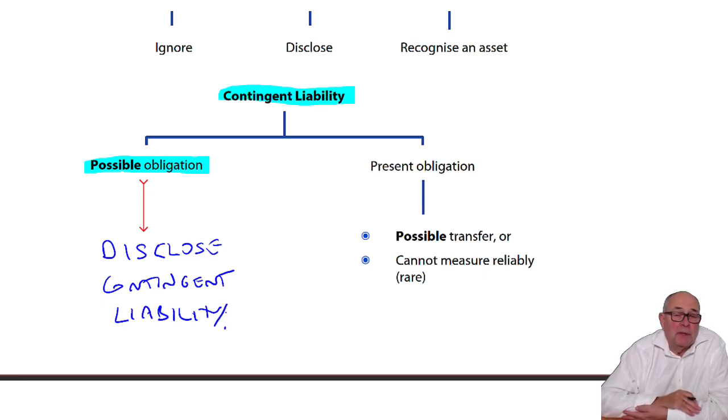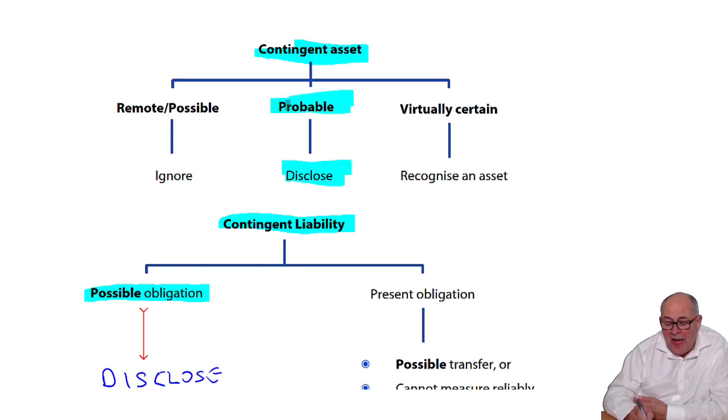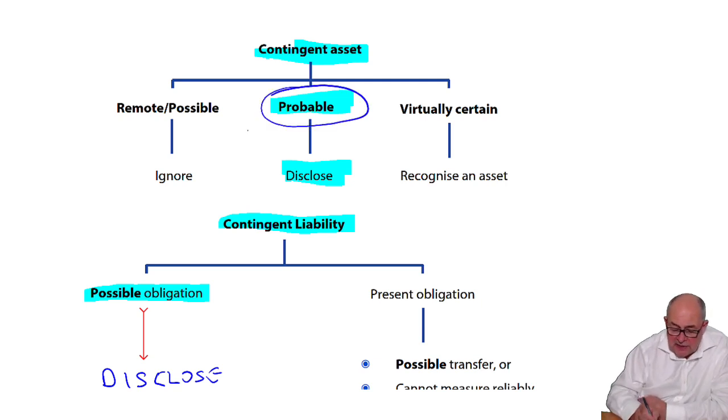It's also possible, isn't it, that we could be suing someone else, in which case, in theory, you can have contingent assets, which once again are sometimes disclosed. That would be if something was probable. Do you see the difference between the two numbers in the circles?